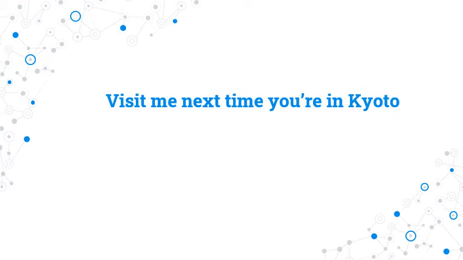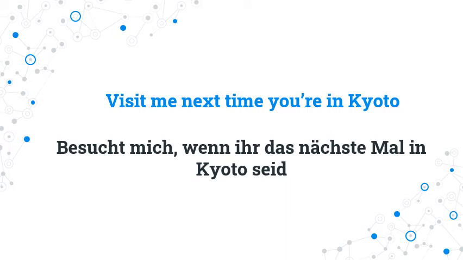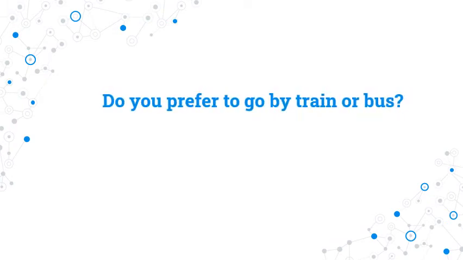How do you say, visit me next time you're in Kyoto, in German? Besucht mich, wenn ihr das nächste Mal in Kyoto seid. How do you say, do you prefer to go by train or bus, in German?